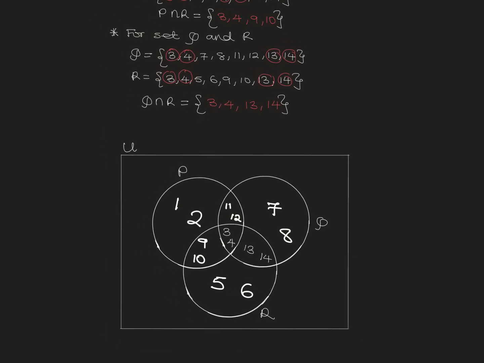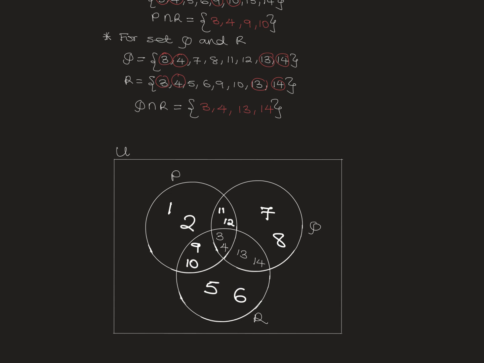So what do we do next? We try to confirm whether we have everything right. So just by considering here the members of Q, we have 3, 4, 7, 8, 11, 12, 13, 14. So this entire circle is for set Q. For set R, let's look at the members.